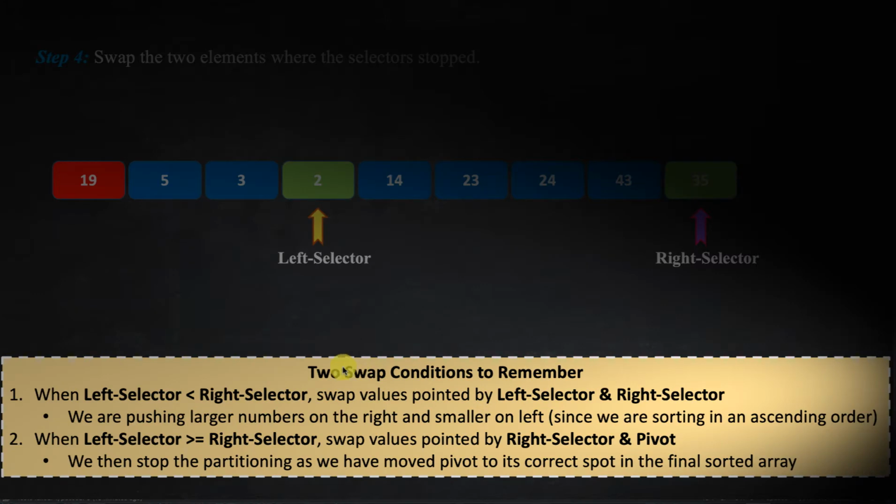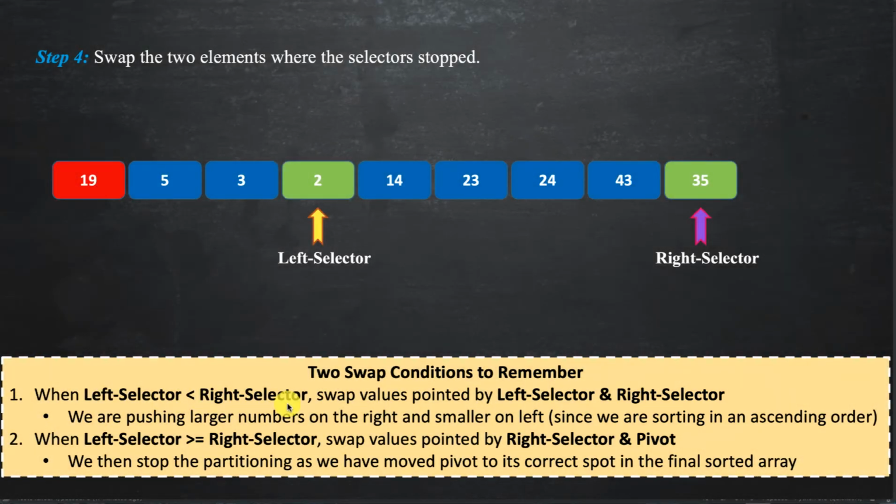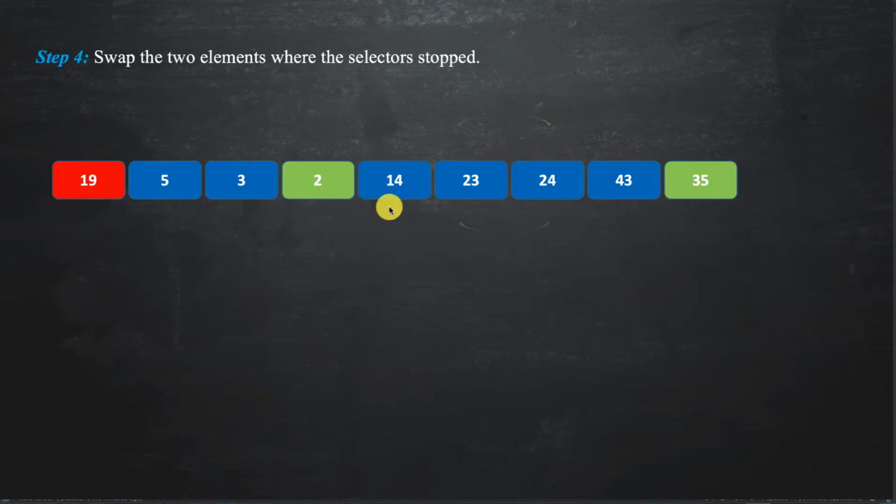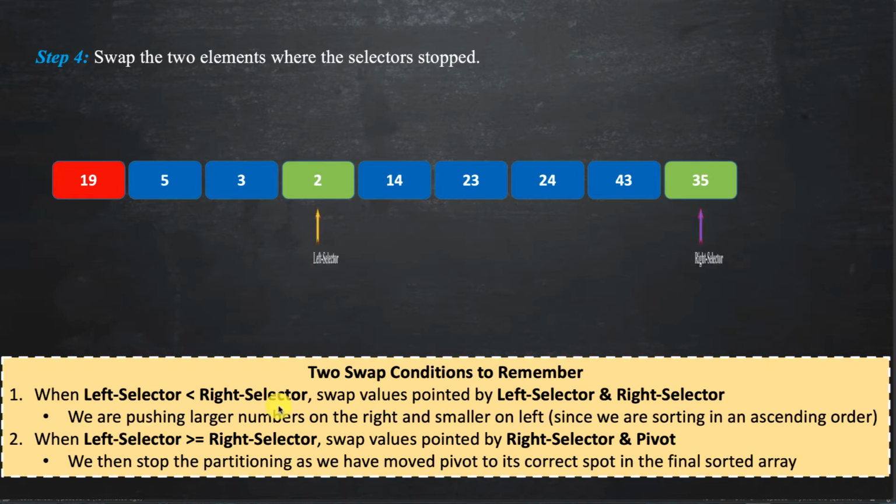So there are two swap conditions that we need to remember in Quicksort. The first one is when the left selector is less than the right selector, which is this case. In that case, we are swapping the values pointed by left and right selector. The left selector was here and right selector was here. We swap 2 with 35, which is the first case that we need to remember.